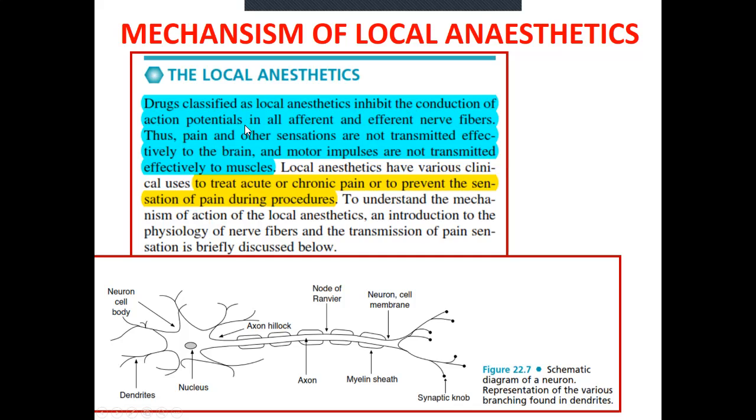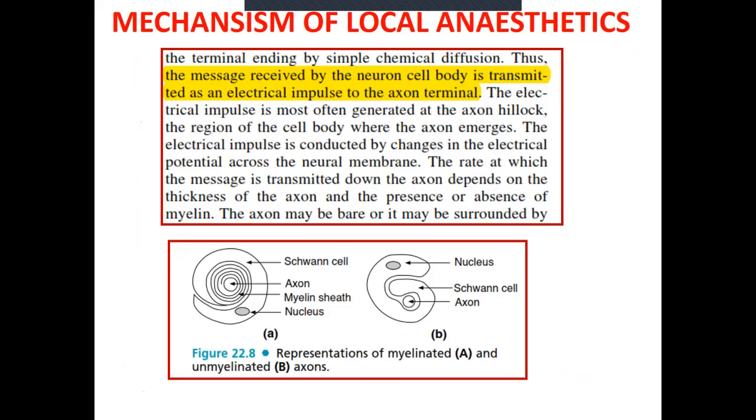Conduction of action potential from another axon placed here is transmitting the signal to this one, and then slowly it gets transmitted. The message received by the cell is transmitted as an electrical impulse to the axon terminal.